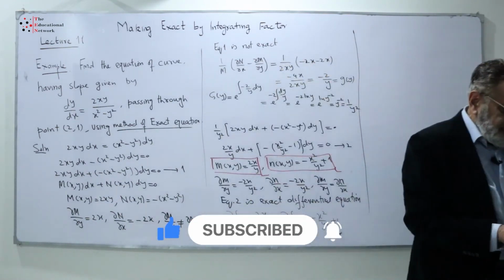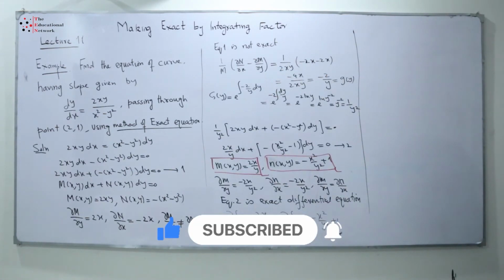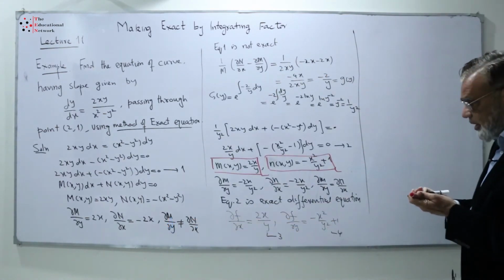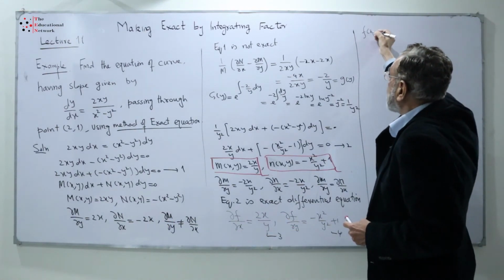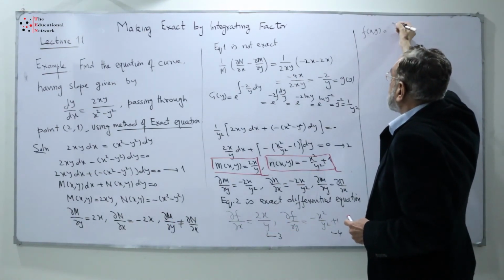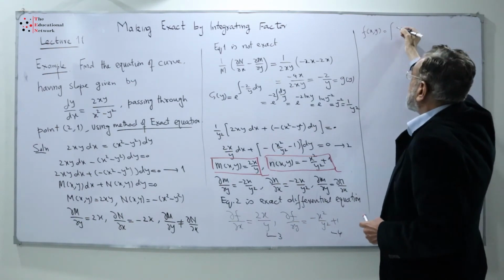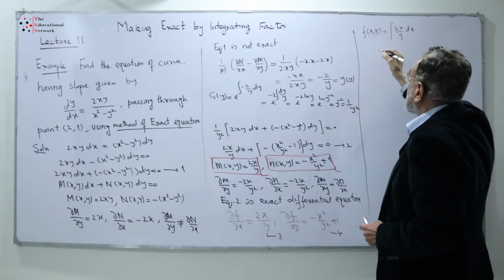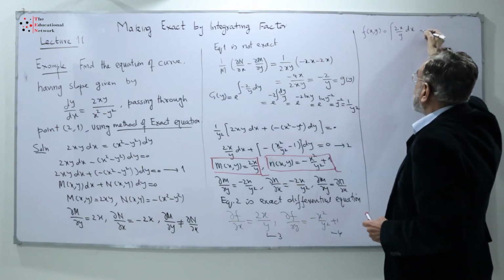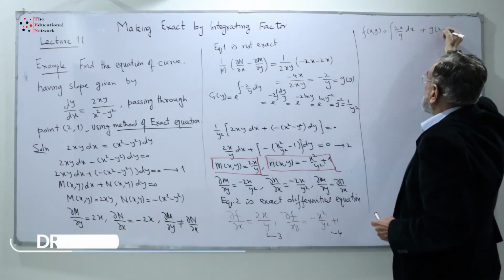Now I am going to start from number 3 and try to find the solution of this one. We integrate both the sides, number 3, with respect to x. So I get here f(x,y) is equal to the integral of 2x over y dx. When I integrate this one, we get the constant with respect to y.